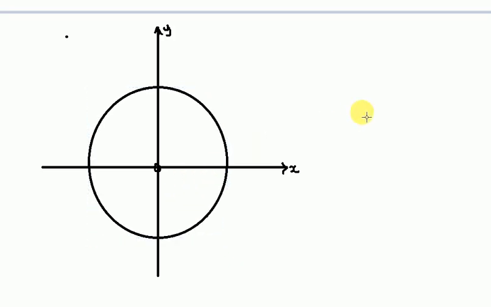Okay, so to find the equation, we say that if P is any point on the circle with the radius r, so I'll name this my P, which will be (x, y), with the radius r.